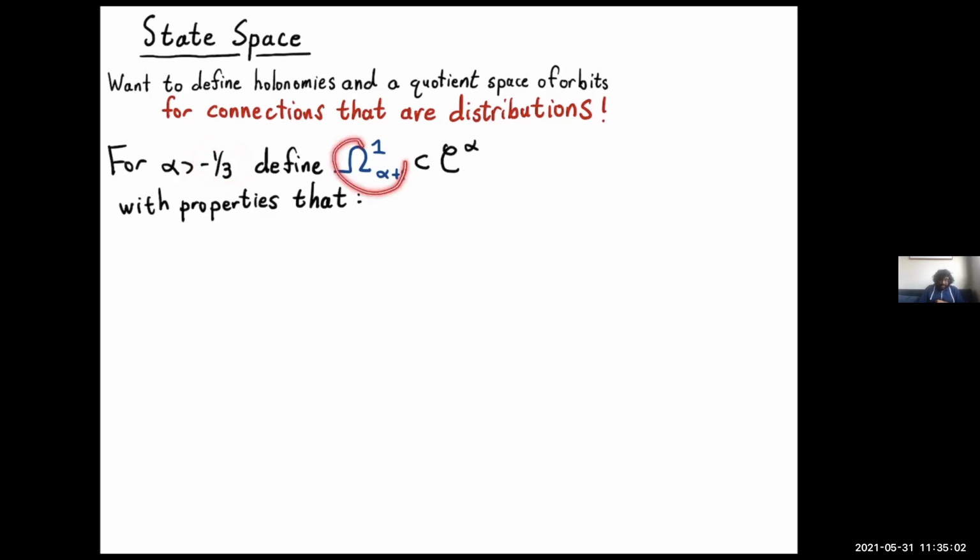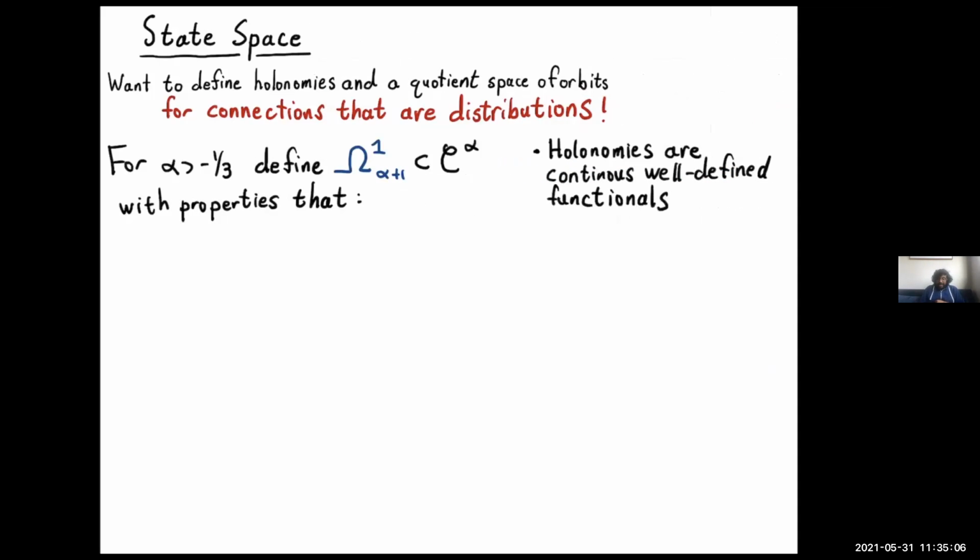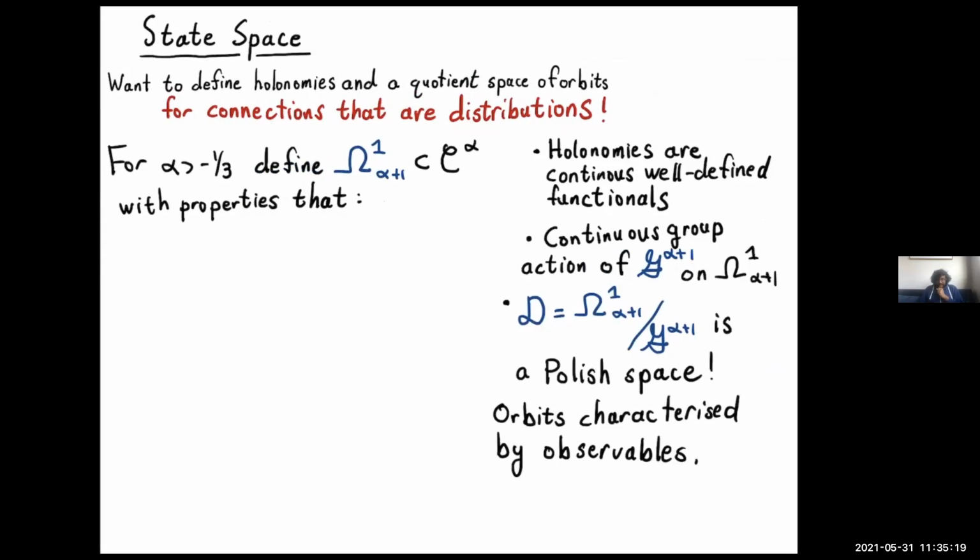What these distributional one forms accommodate is that they allow you to define holonomies as continuous, well-defined functionals. You have a continuous group action of a gauge group on this space. And the quotient space is actually a Polish space, and the elements of this quotient space, or the orbits, are really characterized by these observables.